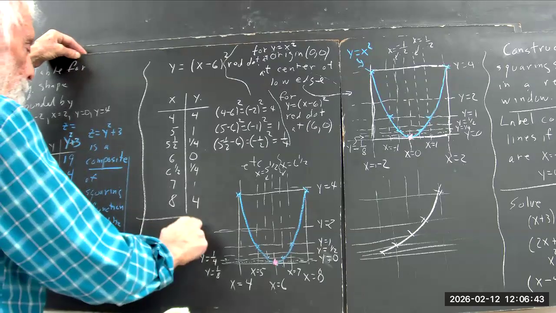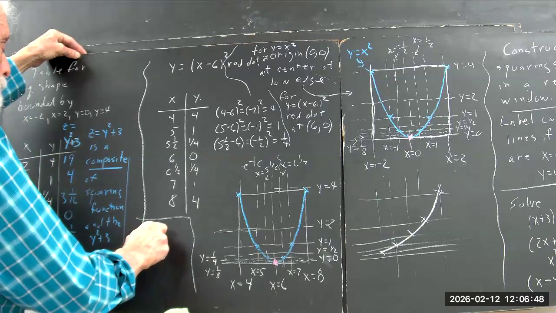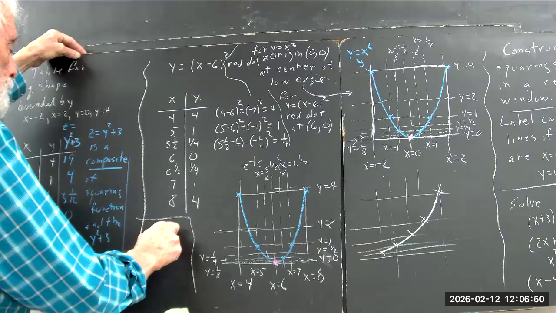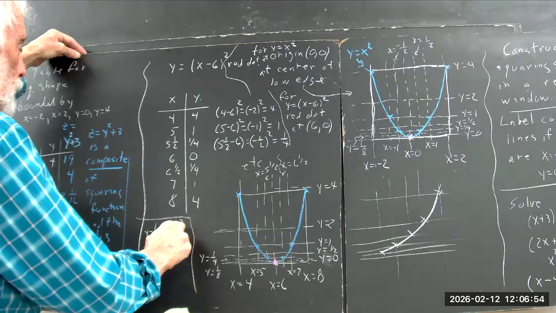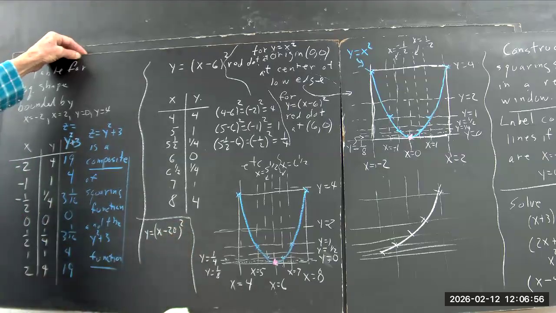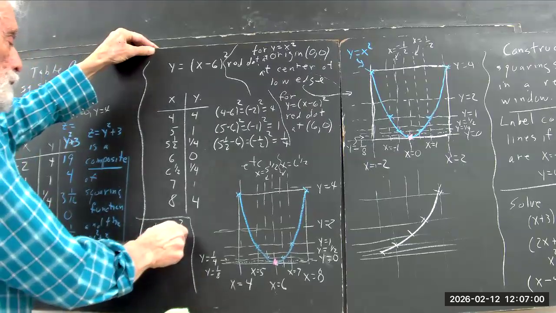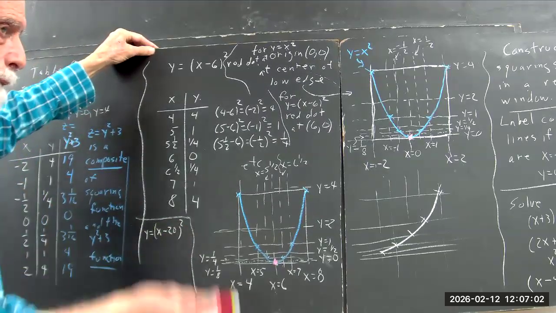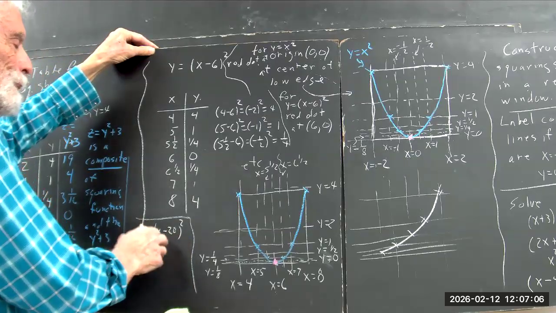What do you think would happen if we did y equals (x minus 20) squared? We're still just squaring x, but the x we're squaring is like x minus 20.